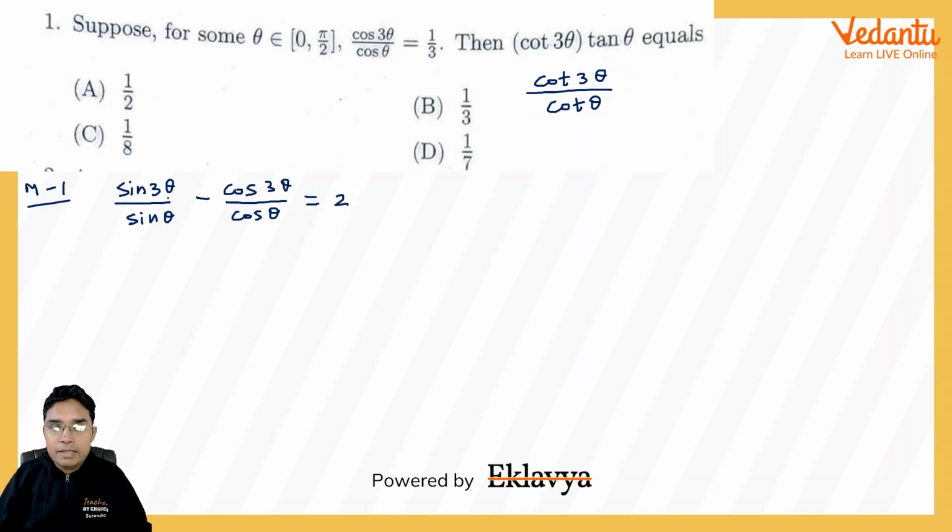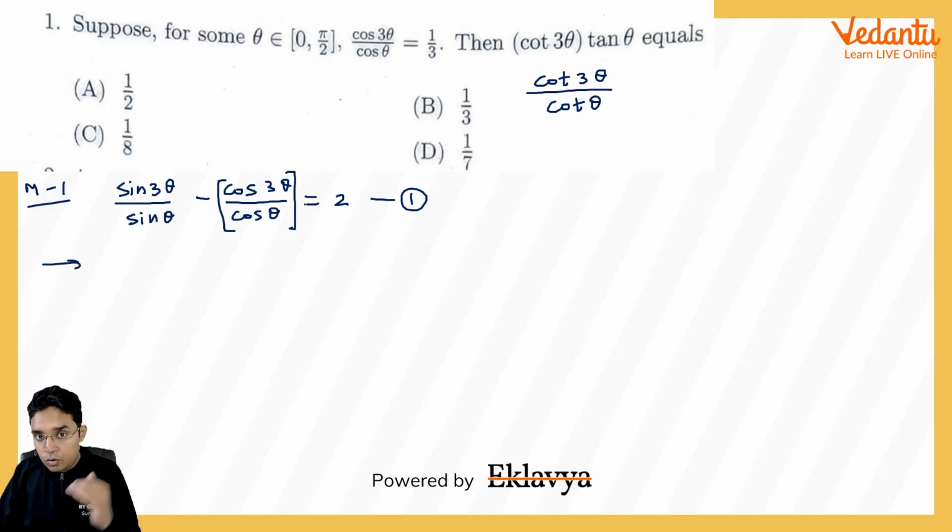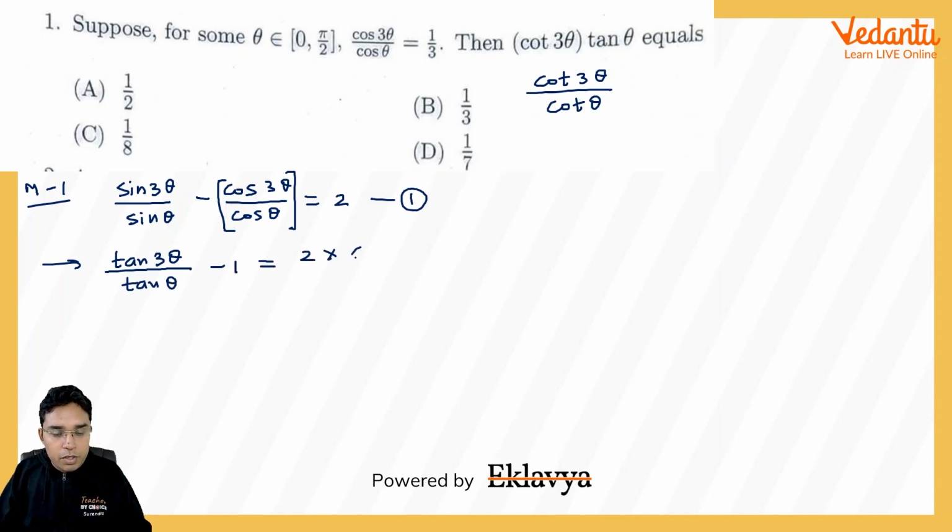You can use sine 3 theta as 3 sine theta minus 4 sine cube theta, and same for cos 3 theta also. Now, if we divide this equation 1 by cos 3 theta upon cos theta on both sides, this will become tan 3 theta upon tan theta minus 1 here, and on the right side 2 into cos theta upon cos 3 theta.